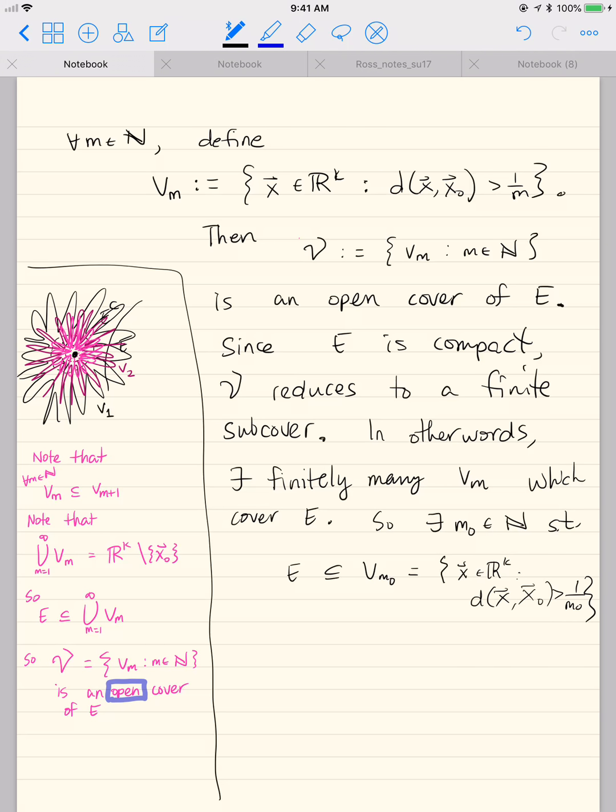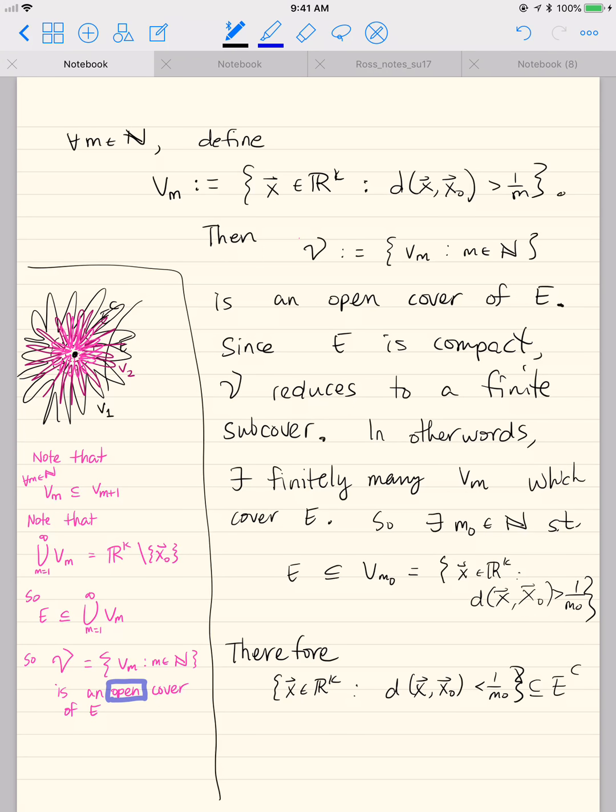So if E is contained in one of those, that means the set of x in R^k such that the distance between x and x naught is less than 1 over m naught has to be a subset of E complement.